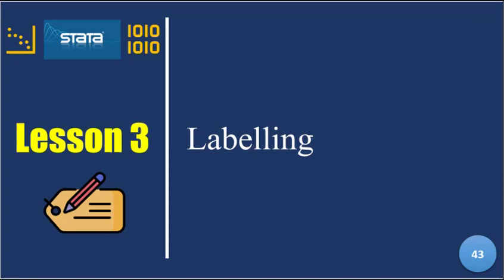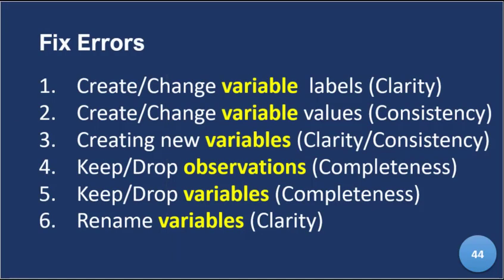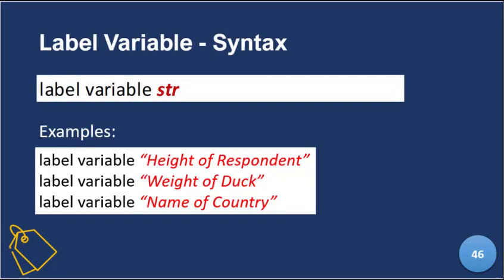So I had mentioned the 6 frameworks when it comes to cleaning, and this particular labeling just addresses one of them. We are going to look at the variable labels, and I talked about clarity, and this is the syntax we had used before. You can label a variable, and please, this is wrong: you have to mention the name of the variable and then the string.